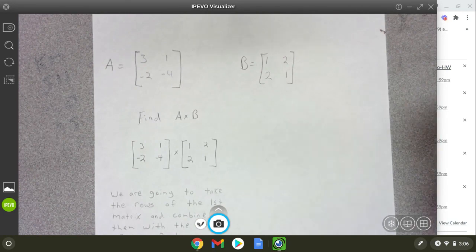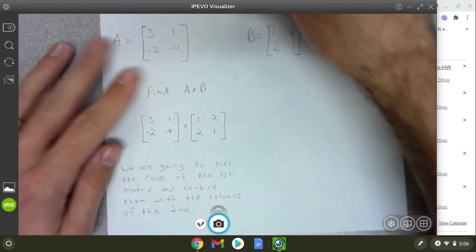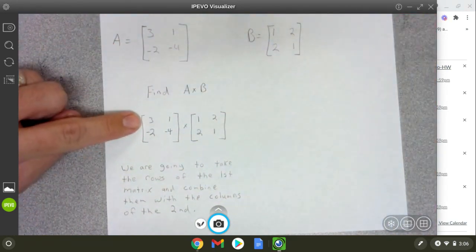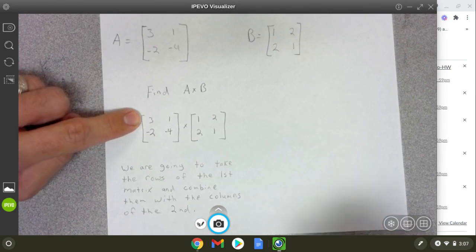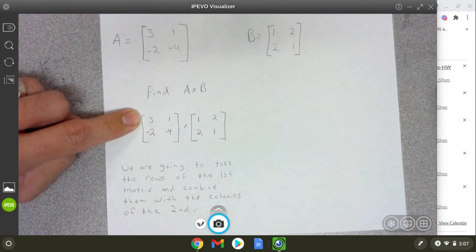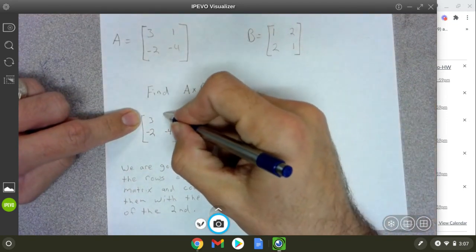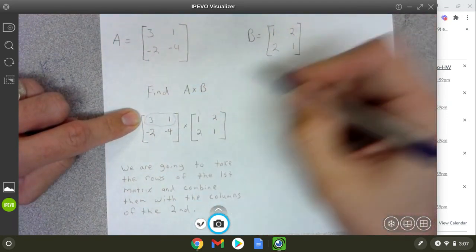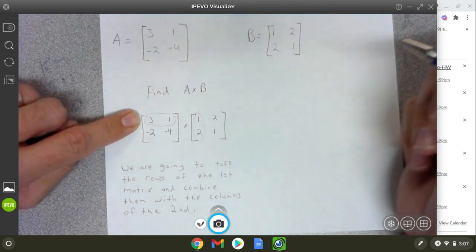The way it works is you take the rows of your first matrix and multiply them by the columns of your second matrix. So this is that dot product stuff. We're going to do the first row and first column.